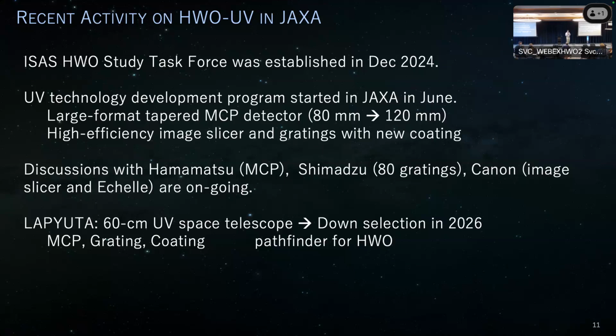So tomorrow, but in Japanese time, I found out it is today, so now it has started. In the program we will develop the large format tapered MCP with Hamamatsu, and also the high efficiency image slicer and grating. We are discussing this with the companies.